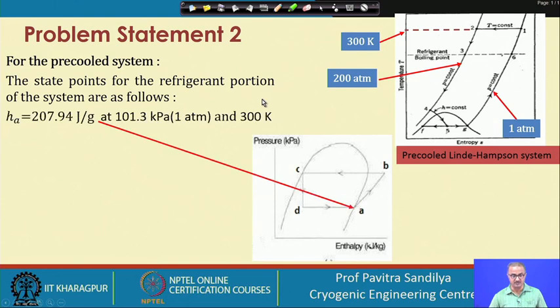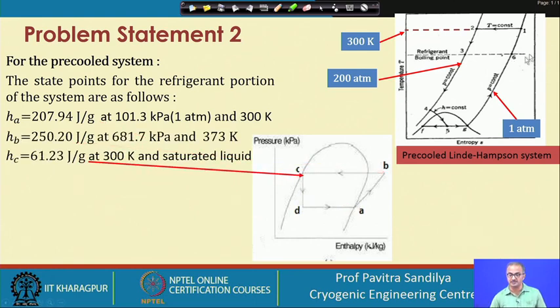Understand, this is the actual refrigeration cycle and this is the pre-cooling cycle. So first, in the actual one, we have the 300 K same as earlier, and 200 atmosphere, 1 atmosphere, and the only modification is that there is another circuit for the pre-coolant. This 36 is showing the pre-coolant circuit.